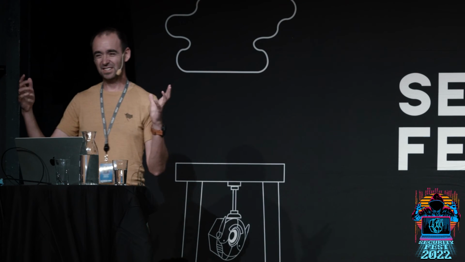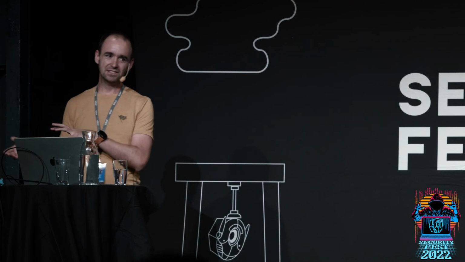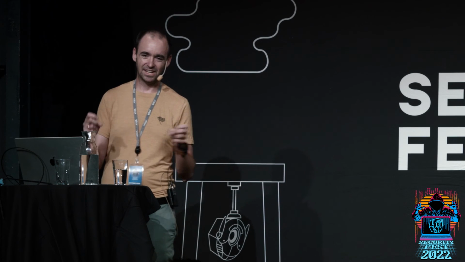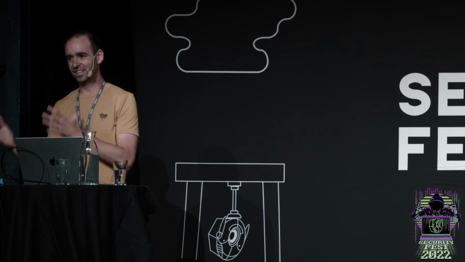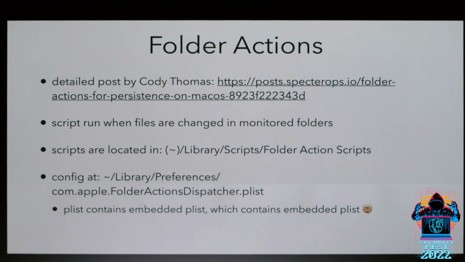This is a very ugly plist because it has a very weird format, and it contains an embedded plist in base64 format, and that embedded plist contains another embedded plist, which will actually contain the final settings. The entire configuration is weird with some weird names, and I didn't start to reverse it.